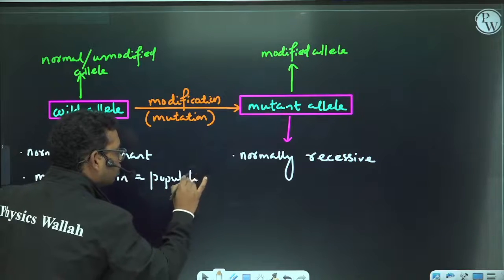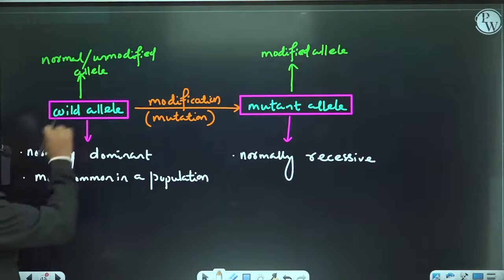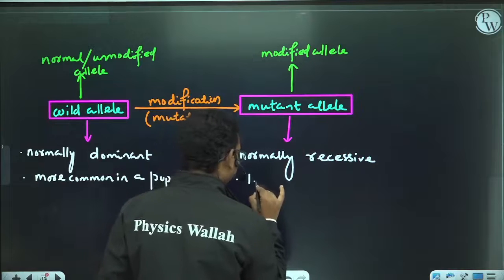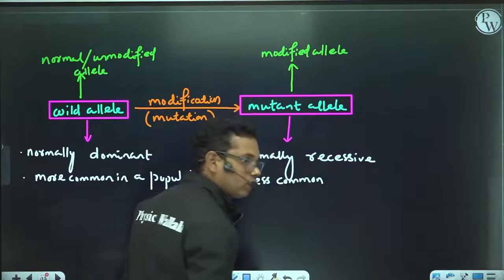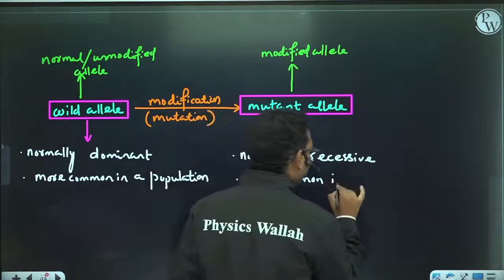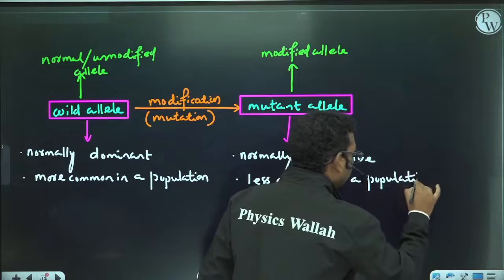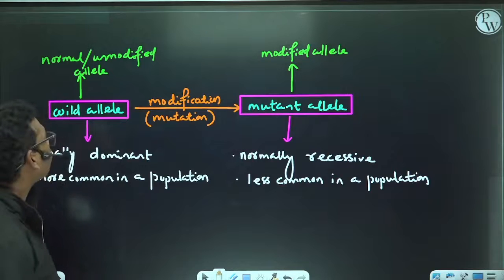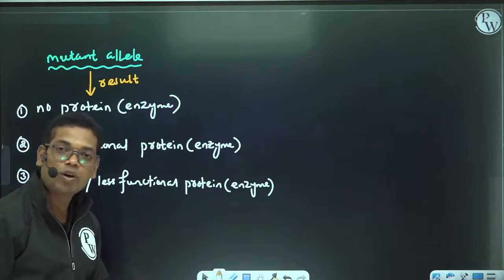So those alleles which are more common or found more frequently in a population are called wild alleles, and those alleles which are less common or present less frequently in a population will be called mutant alleles.